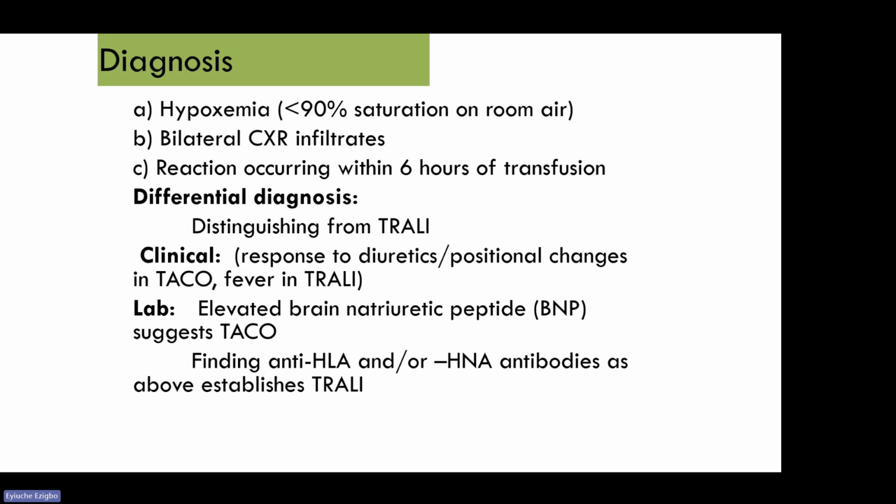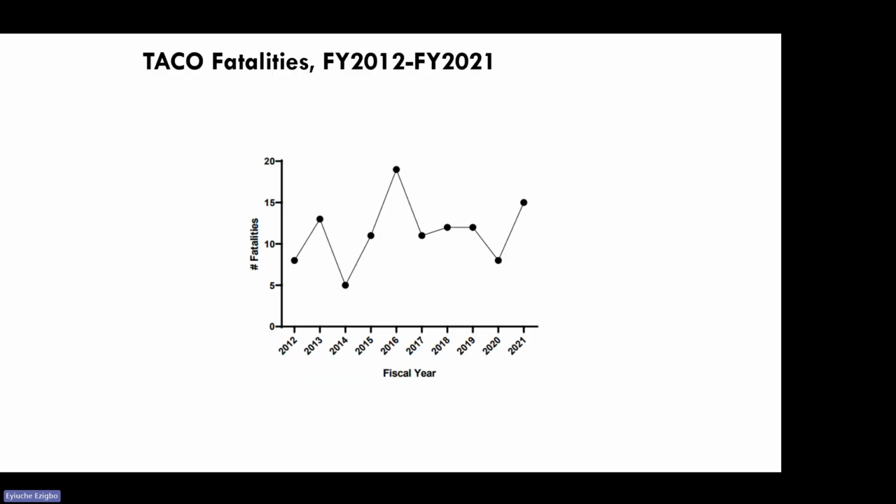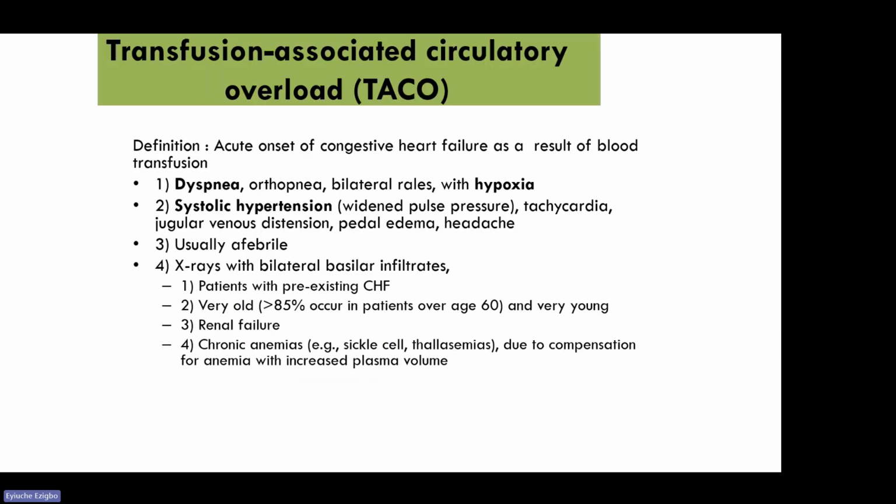It majorly occurs in patients like old patients and patients with sickle cell anemia that are being transfused with whole blood. Patients with pre-existing congestive heart failure can suffer from TACO. Very old patients can be predisposed to TACO.